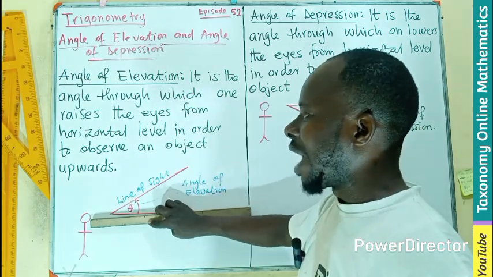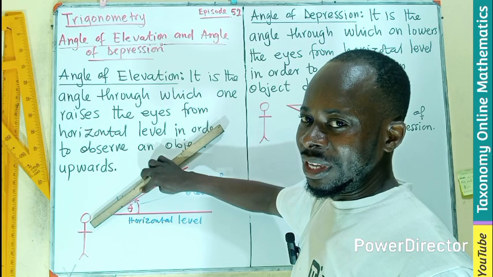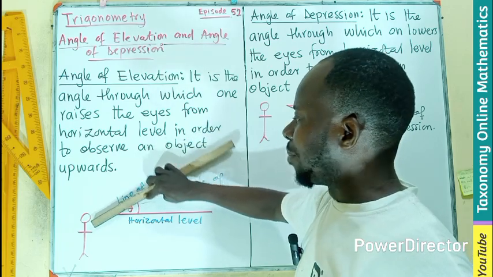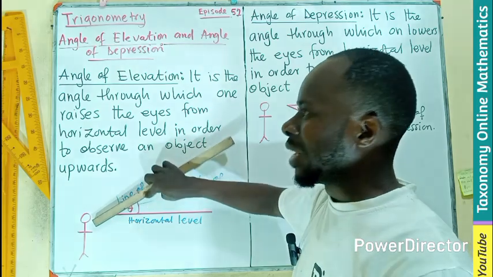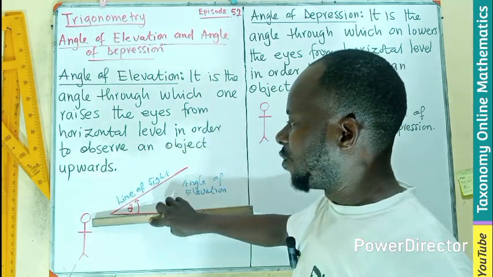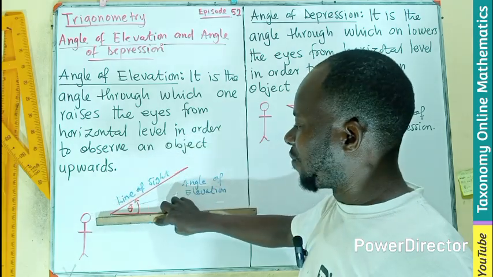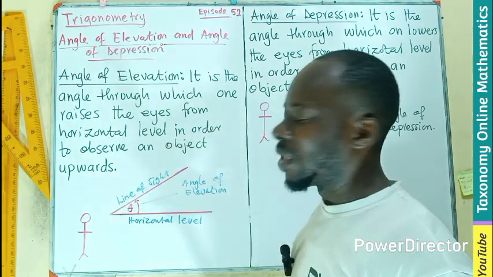Then if you raise your eye to watch an object above, which is going to be taller than you, like looking at a bird or a tall building or an aeroplane flying over, you are going to raise your eye. That angle, the degree that you raise your eye, is what they call angle of elevation.